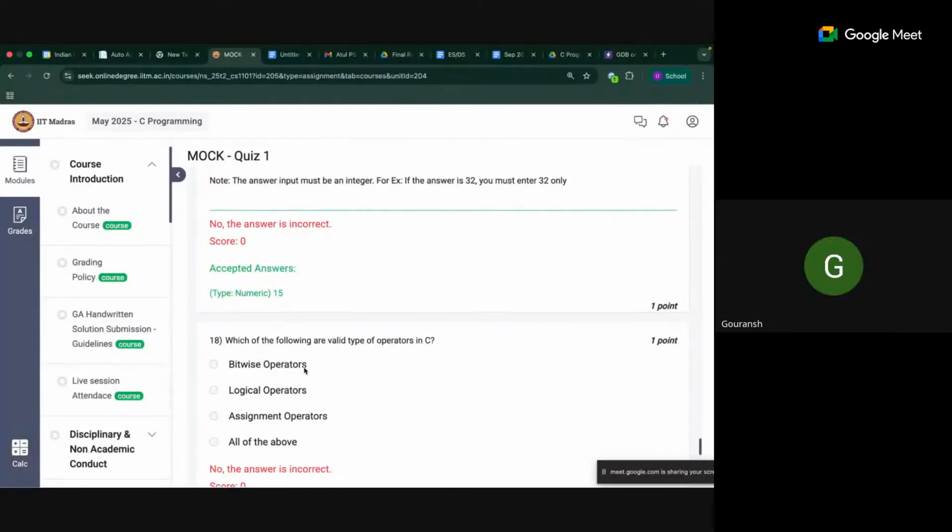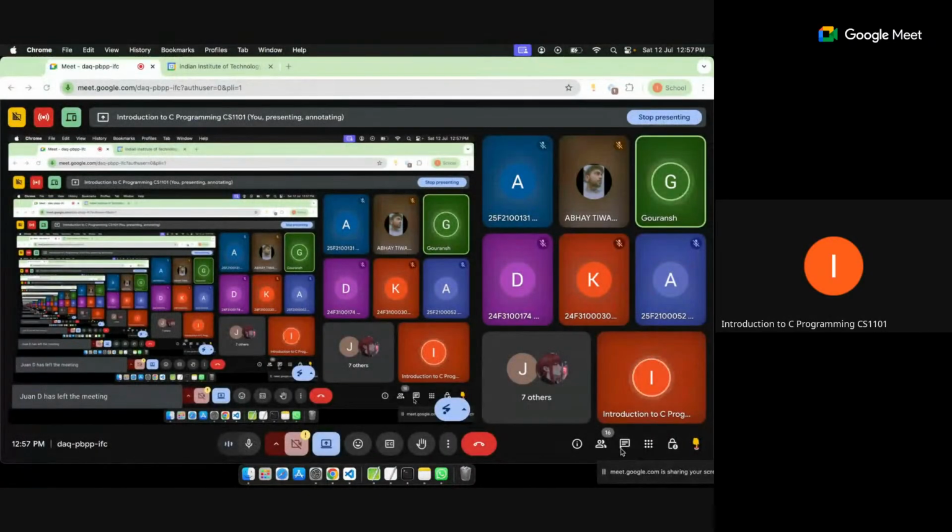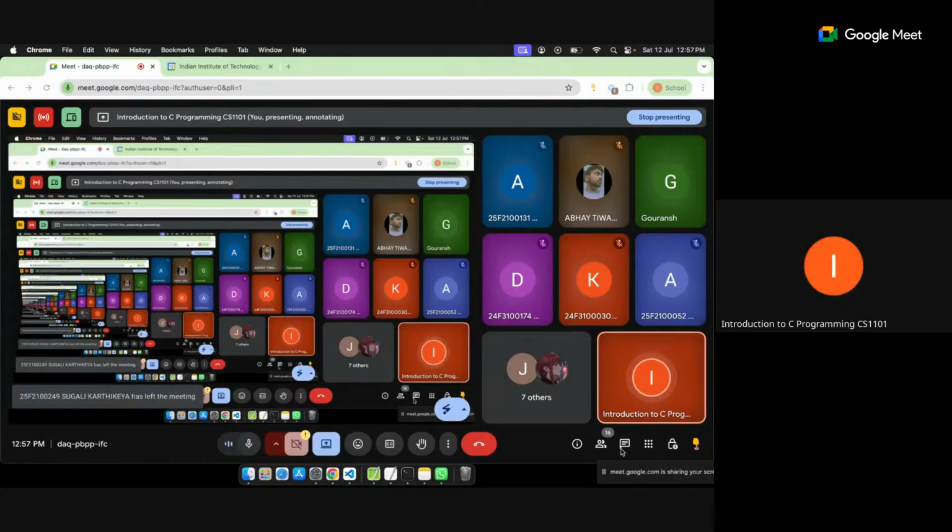Assignment operator, the logical, and the arithmetic, which contains plus, minus, multiply, divide. Bitwise, like the AND operator and OR operator. Bitwise AND and bitwise OR are also there.